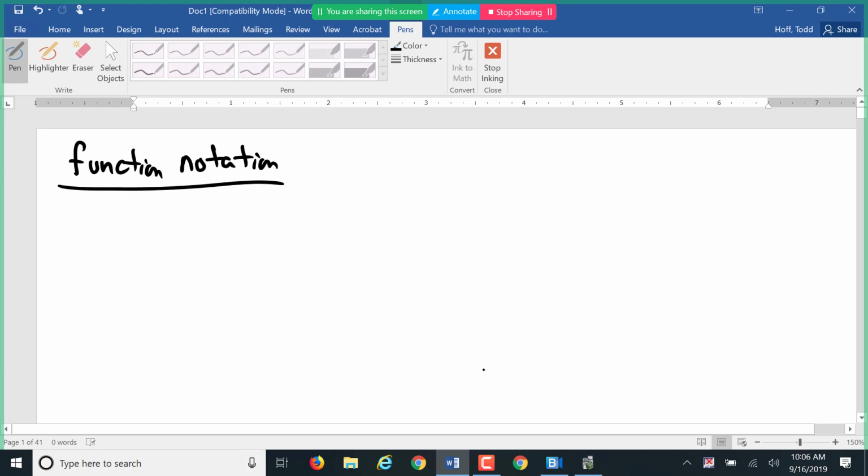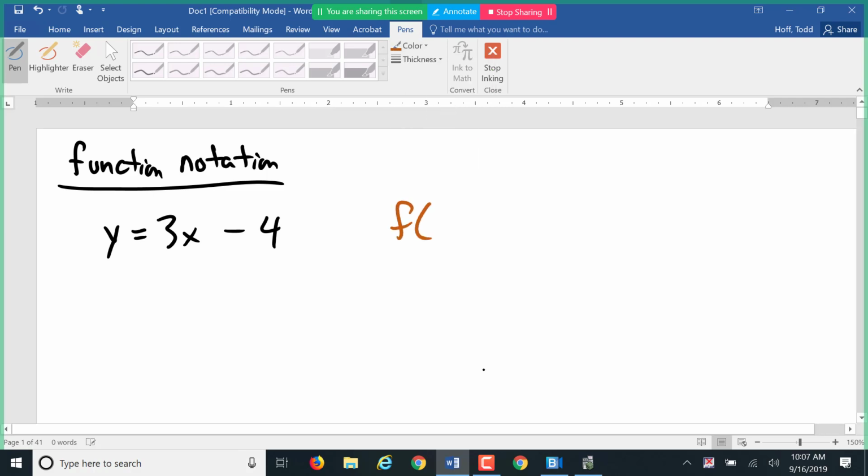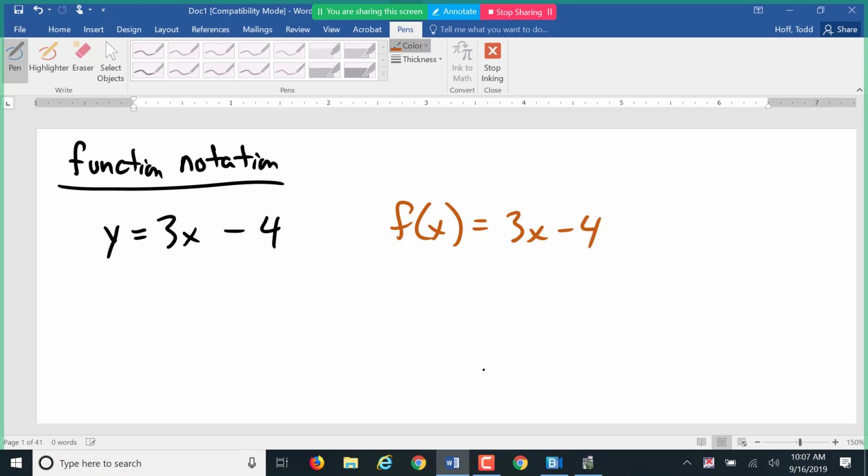Rather than having something like y equals 3x minus 4, we're going to list it as f of x equals 3x minus 4. This means exactly the same thing as this.